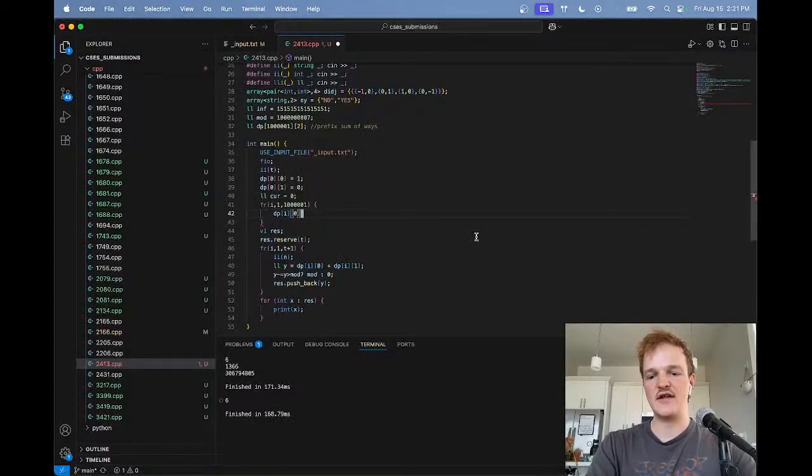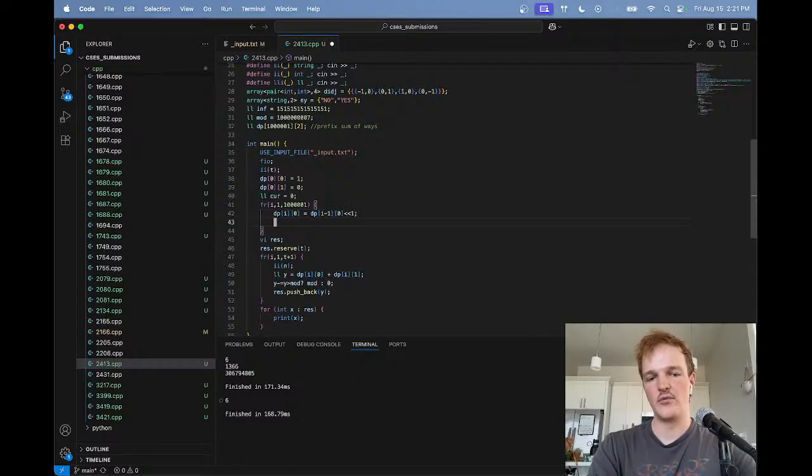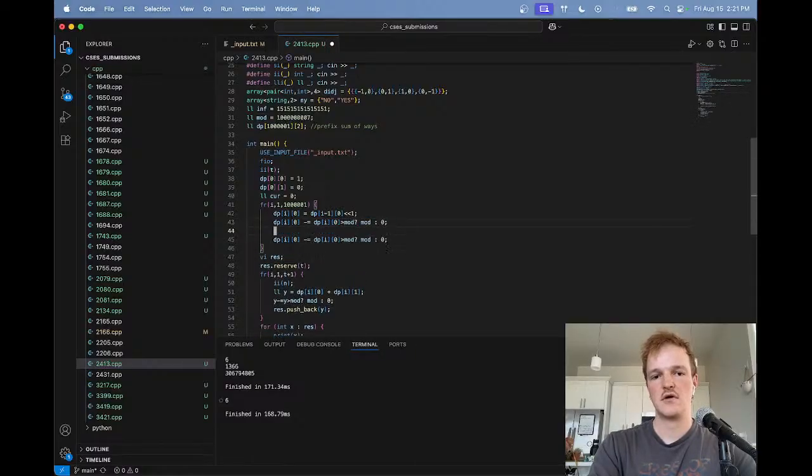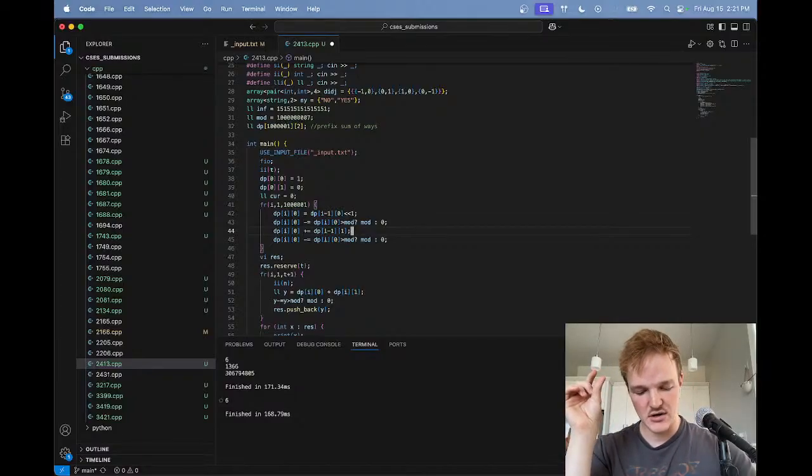So I think dp at i at 0 is equal to dp at i minus 1 at 0 going up by 1 or multiplied by 2, minus equals dp at i at 0 is greater than mod 0. dp at i at 0 plus equals dp at i minus 1 at 1. This is you place a new flat bar.